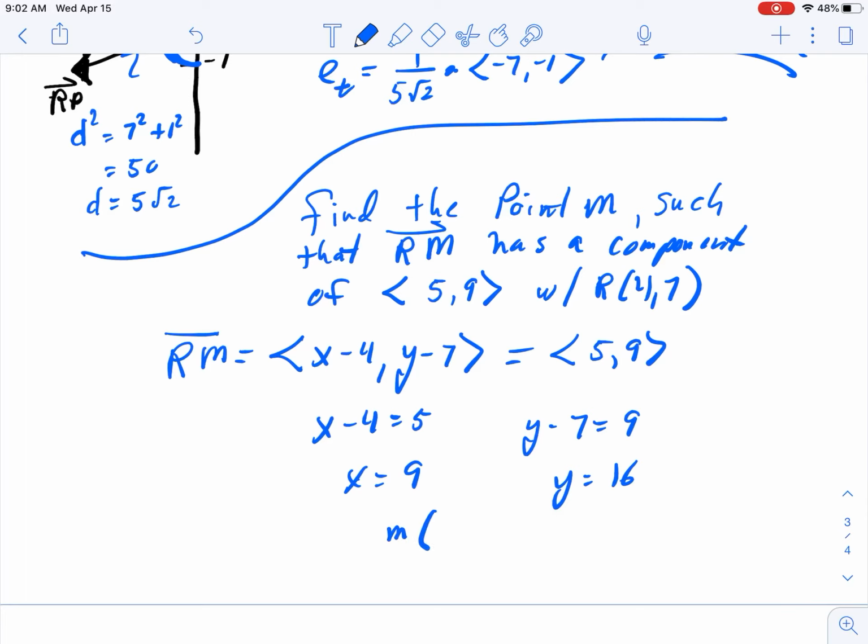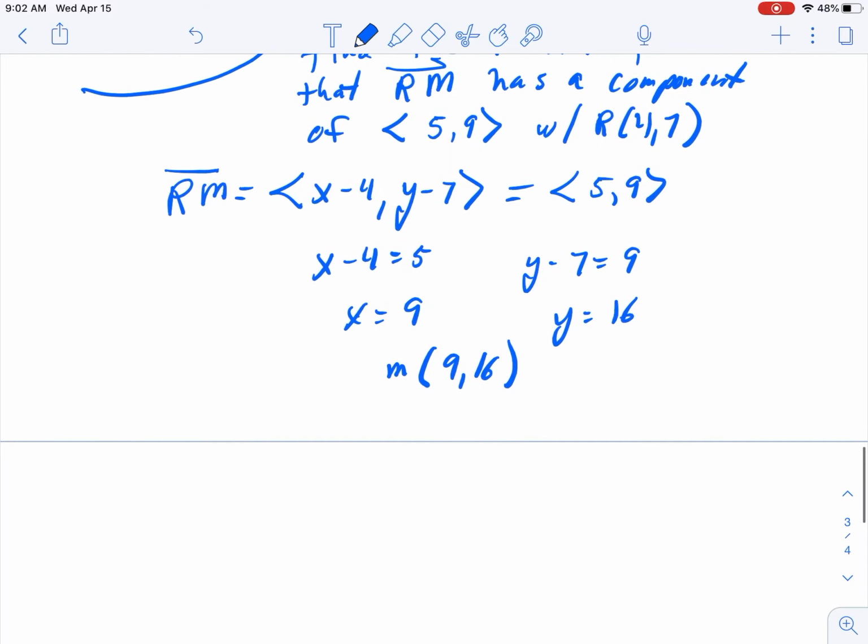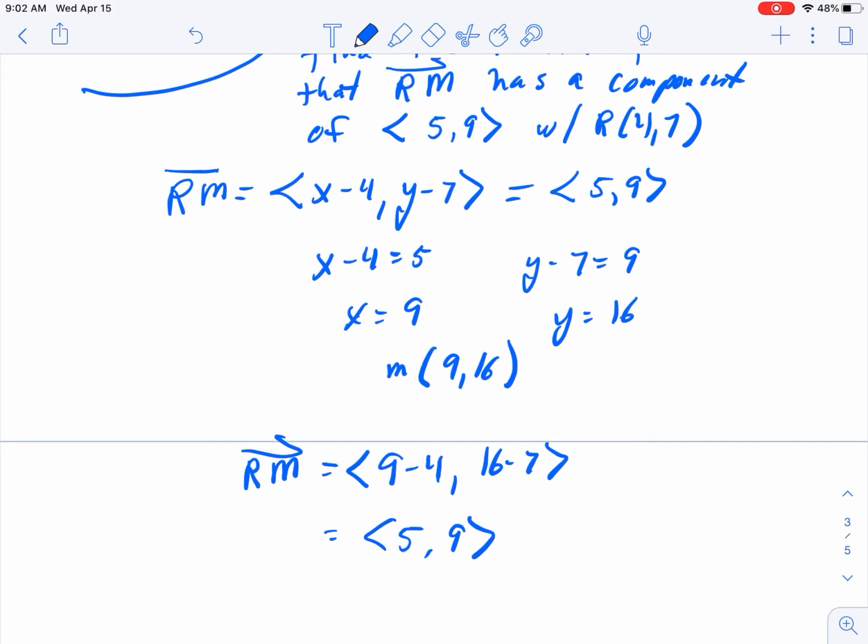Therefore, my point M would be 9, 16. And if you want to check it, find the vector Rm: 9 minus 4, 16 minus 7, and we have 5 and 9. Okay, so there must be a question like that on your assignment.